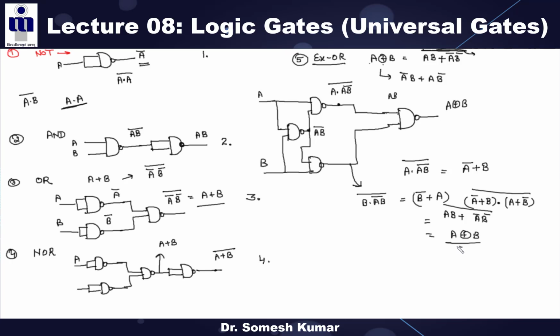So this is the way to design the XOR gate from the NAND gate. How many NAND gates are used for this? 1, 2, 3, 4. This is the minimum number of NAND gates required to design the XOR gate. What about XNOR?